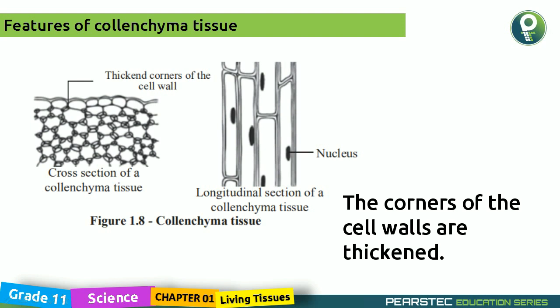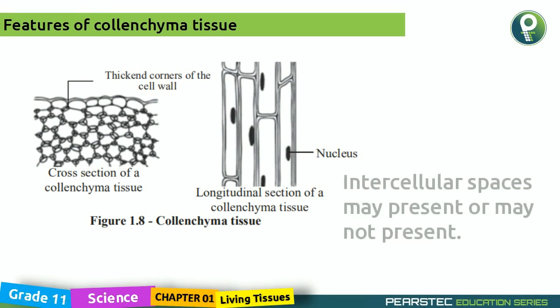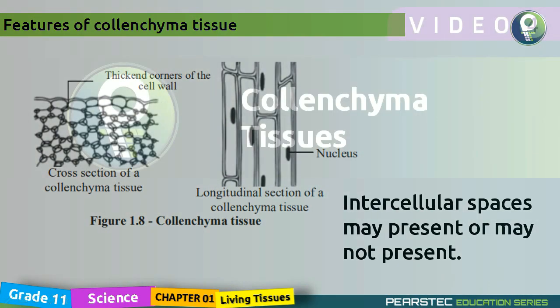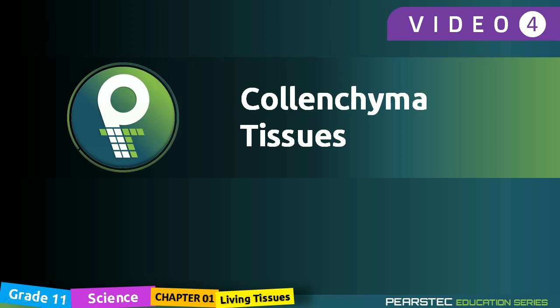The corners of the cell walls are thickened. That's the reason it gives mechanical support, isn't it? If you want to give somebody support, you have to be strong, and the cell walls are thickened in collenchyma tissue. Intercellular spaces may be present or may not be present. So, we understood the features.